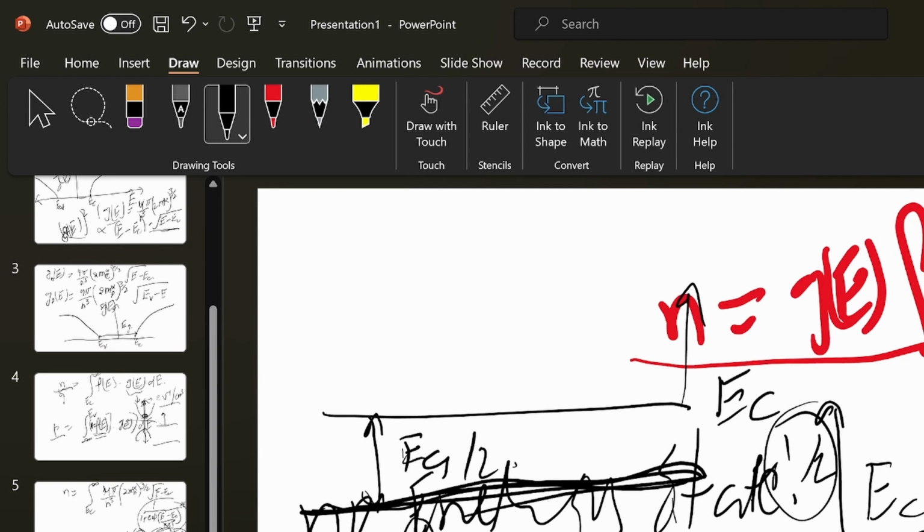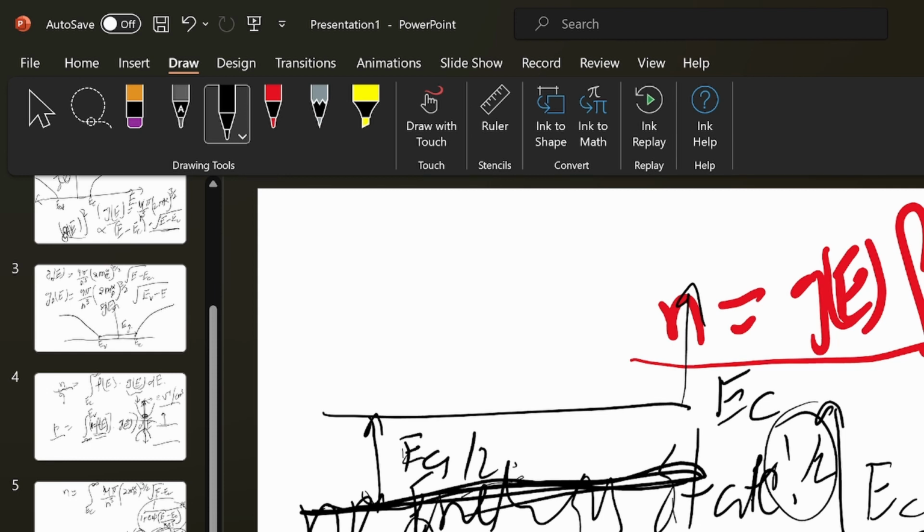So N(E) or P(E), I am writing the probability of finding a hole and the probability of finding an electron. P(E) is 1 minus F(E), and N(E) is equal to F(E). So the probability of finding a hole or an electron is 1 by 2 at this point.